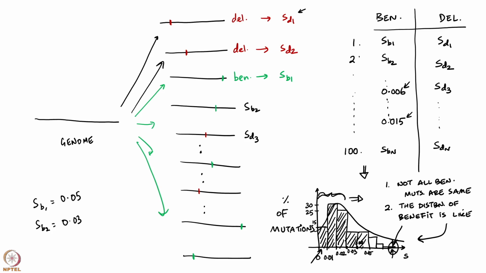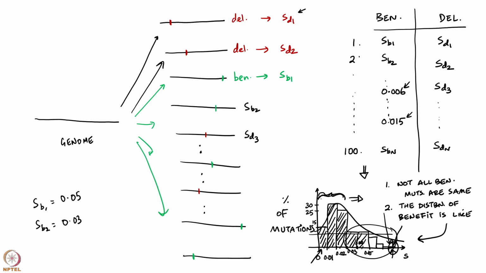However, their frequency, the percentage with which they occur, is very small. So, this tells me that more often than not beneficial mutations of small selection coefficients will occur, and it will only be once in a while, rarely, that a beneficial mutation with a very large selection coefficient will take place in the population that I am studying.